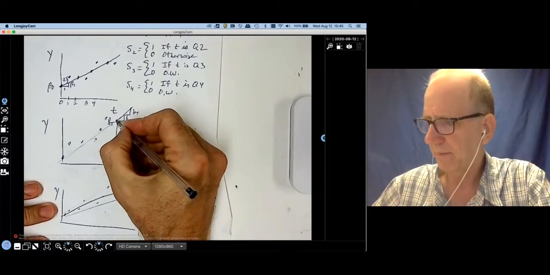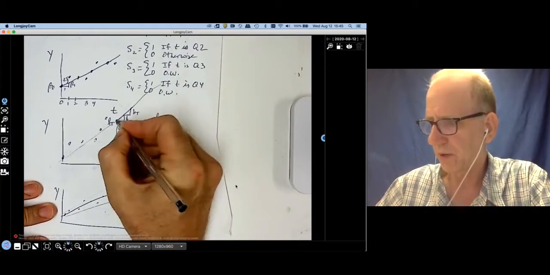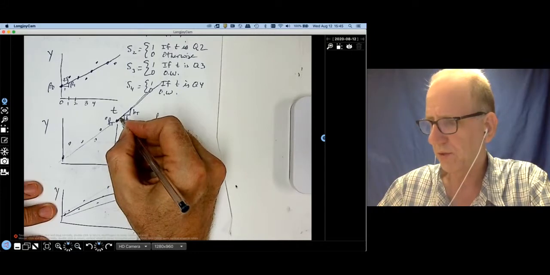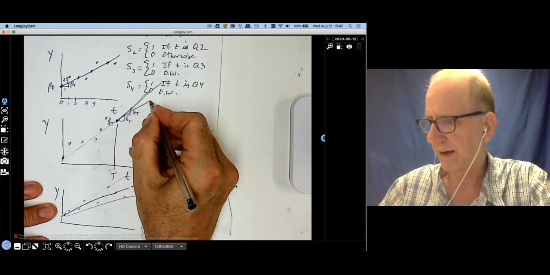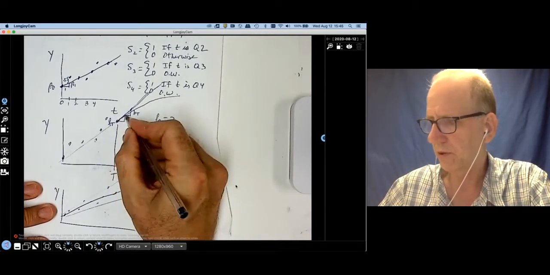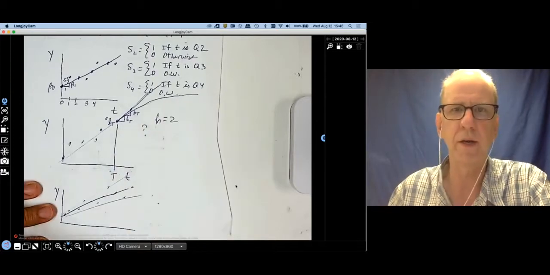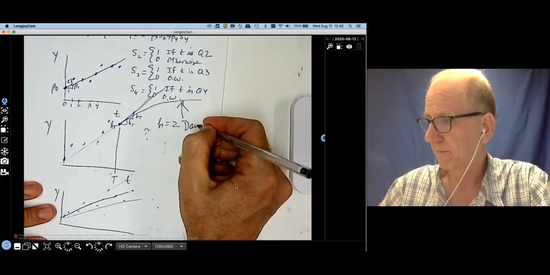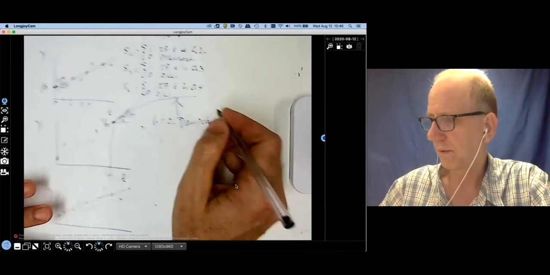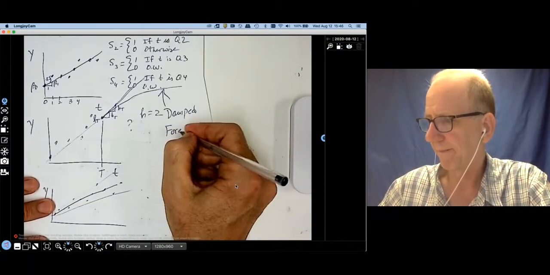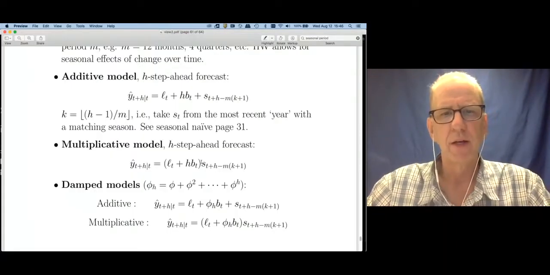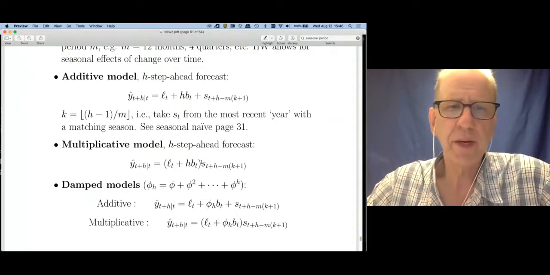So instead of my forecasts into the future just following a straight line, they're going to start following almost a straight line, and then they're going to flatten out and approach a limit that we discussed in my video on Holt's method. So this would be the damped forecasts. So that's how we're going to make our predictions.